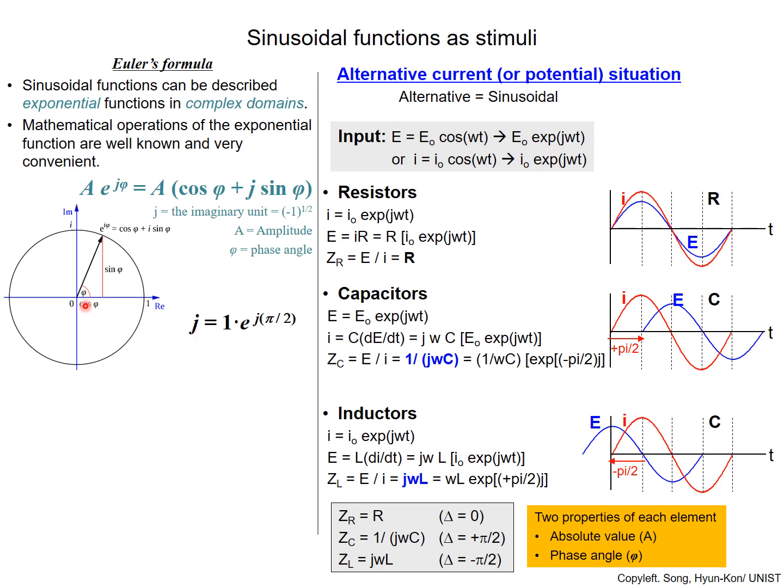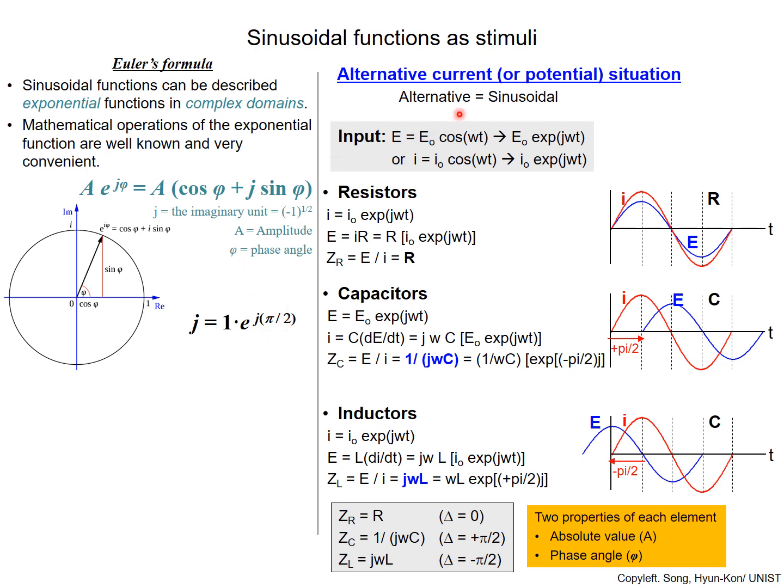Very simple. j or i is the point here, and the amplitude of j is just 1, and the phase angle is pi over 2, 90 degrees. So amplitude and the phase angle, something like that. So you could use the exponential functions in complex domains when you calculate something in impedance spectroscopy.